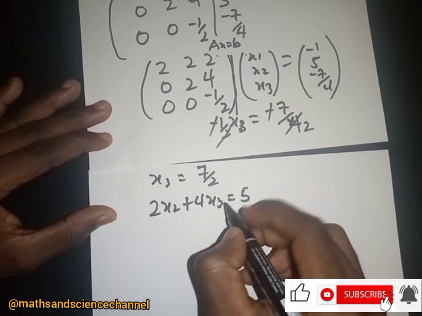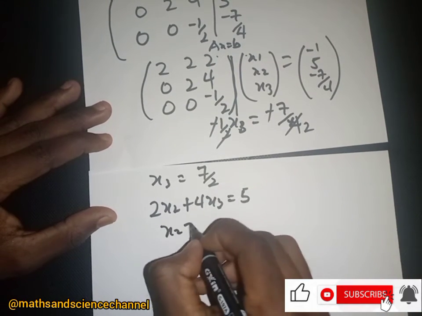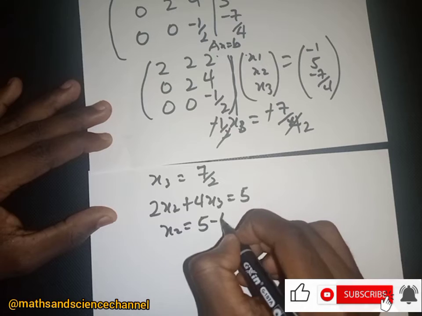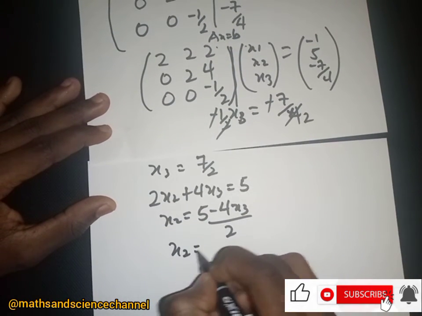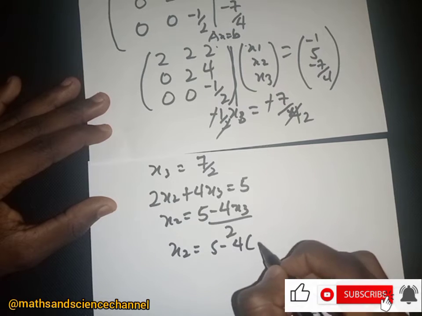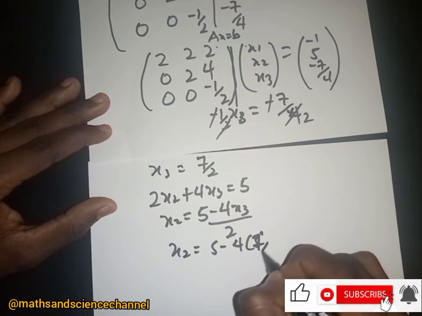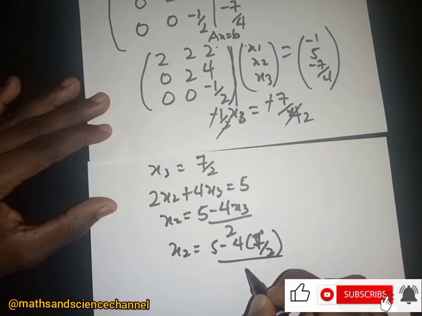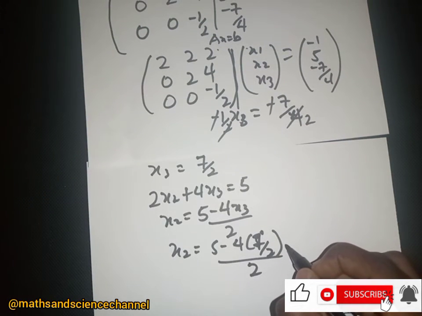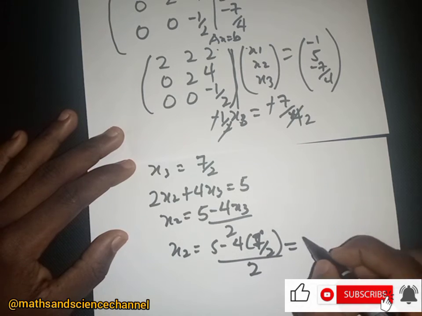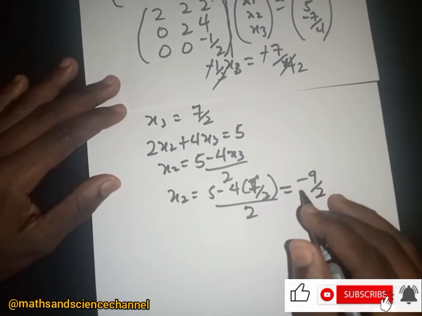So we have s2 to be equal to 5 minus 4 s3, divided by 2, right? So s2 is just 5 minus 4 times 7 over 2, then divided by 2. With this we should get this to be equal to negative 9 over 2, right?